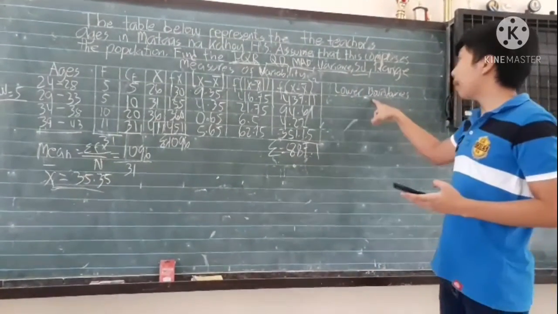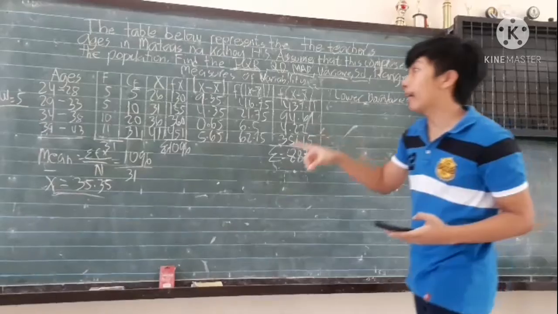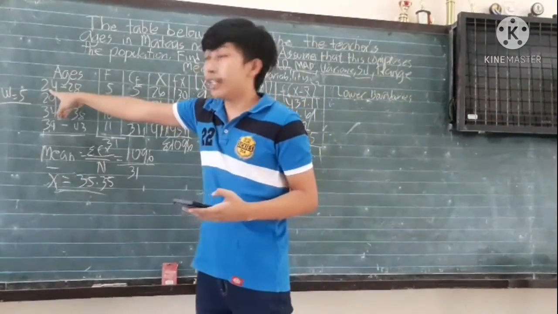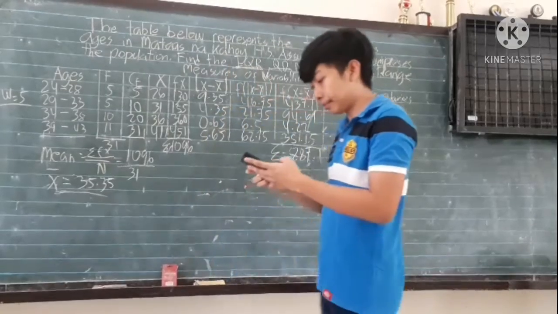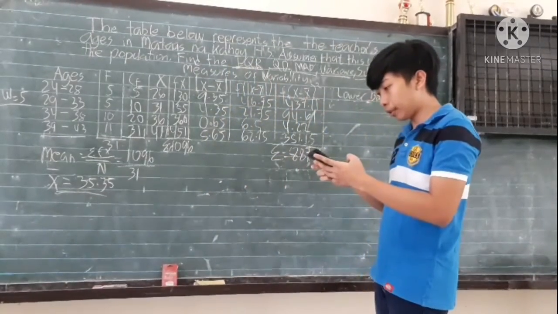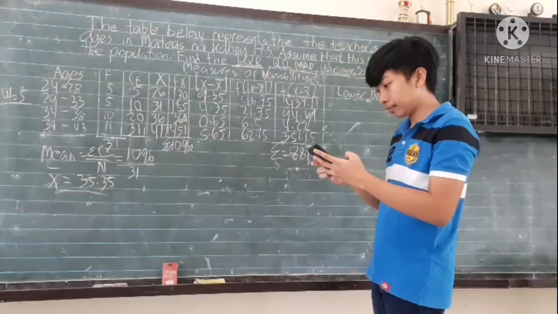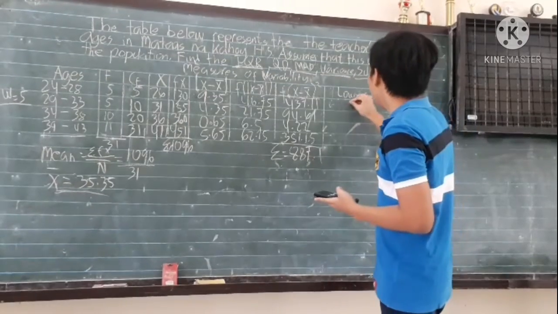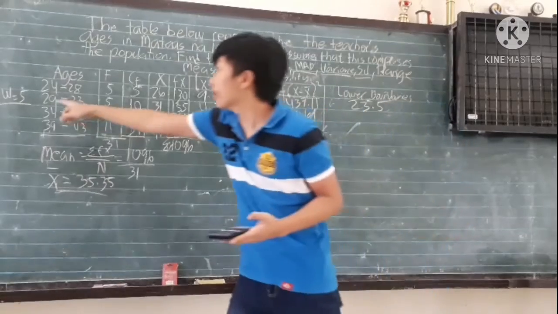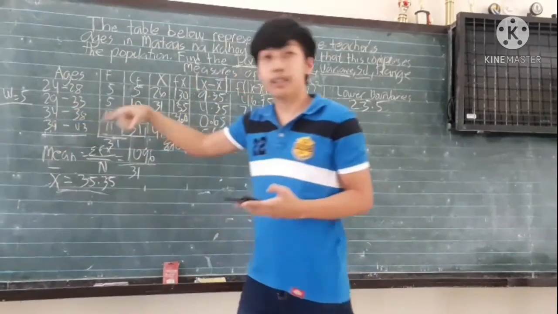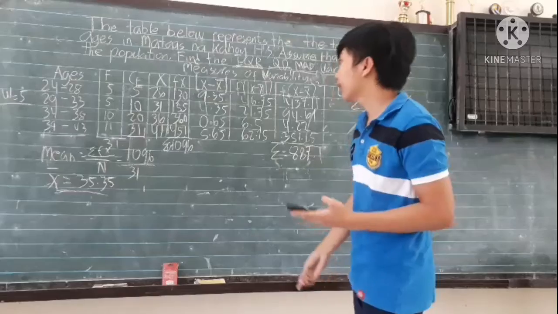So our lower boundaries is simply the lower boundary here minus 0.5. 24 minus 0.5 is 23.5. And then apply it also in this next lower boundaries.